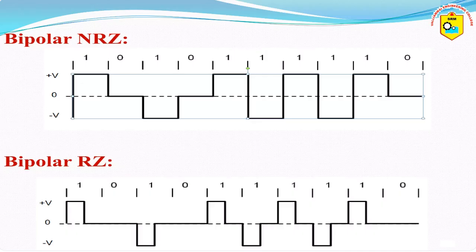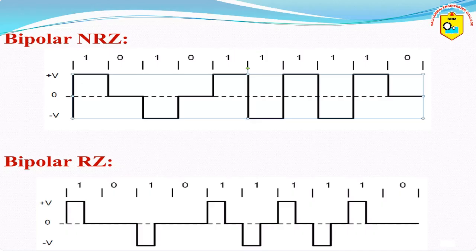Okay, and when it comes to bipolar return to 0, similarly for one you have positive or negative voltage; for successive ones you have positive amplitude and negative amplitude alternating between the bits, and for 0 no pulse. But within the bit duration of TB, that is at half the bit duration, the pulse will return to 0.